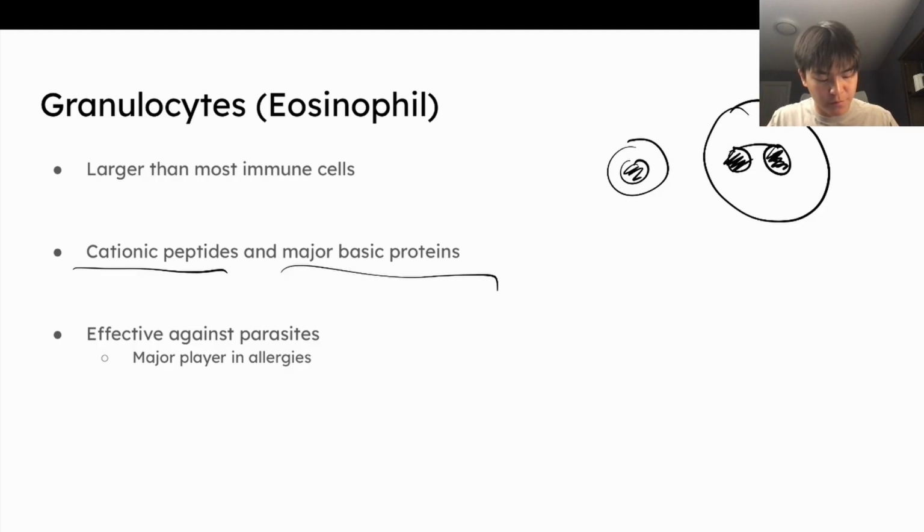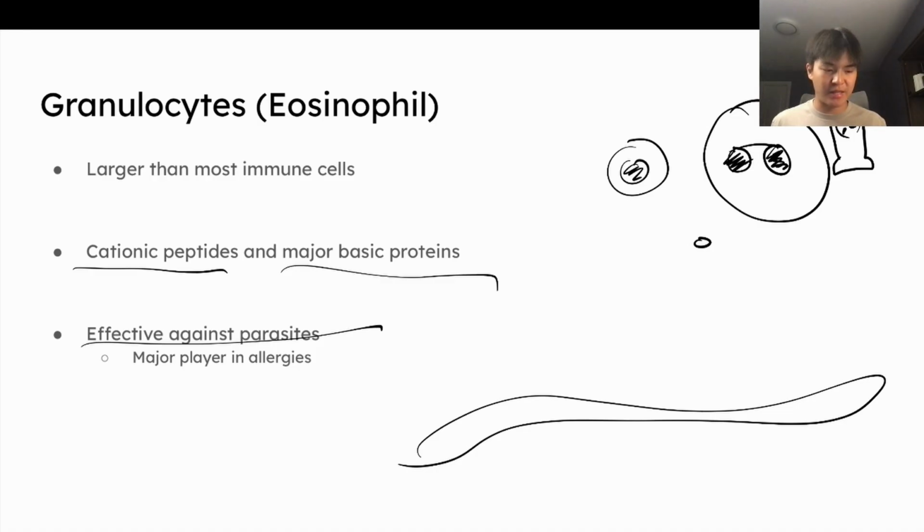Imagine this guy's like a nuke. All right, this guy has a nuke, like a radioactive sign there, right? And what these guys do, imagine there's a little bacteria, right? They don't really care about bacteria that much, all right? They're more interested in the big fellas, right? Not allergies, sorry. Parasites. If you have ever seen tapeworms before in videos, they're huge, right?